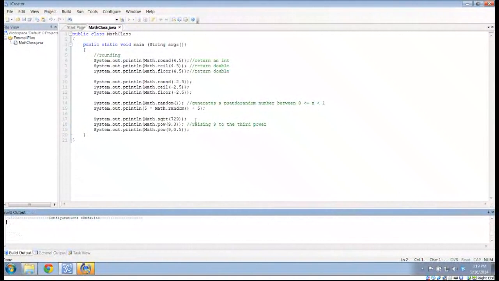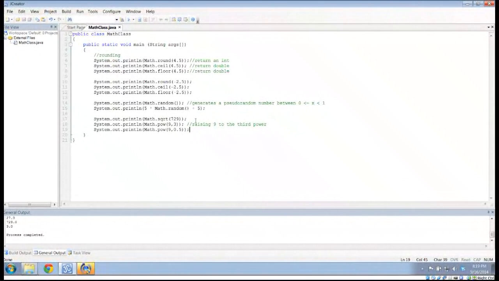And remember that raising to the 1/2 power is really taking the square root. So this gives us 3. So I can use math.pow to take a square root, but math.sqrt is much easier to do so.